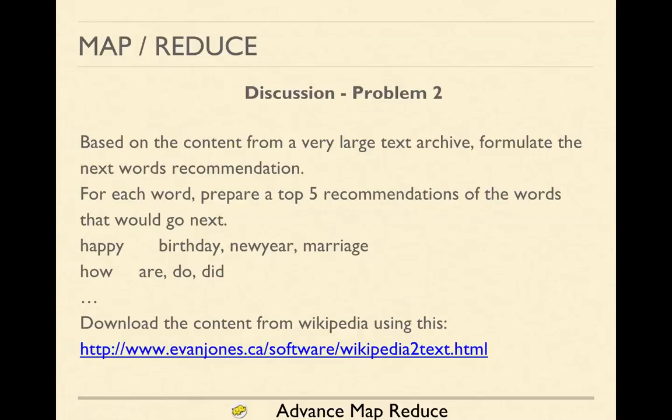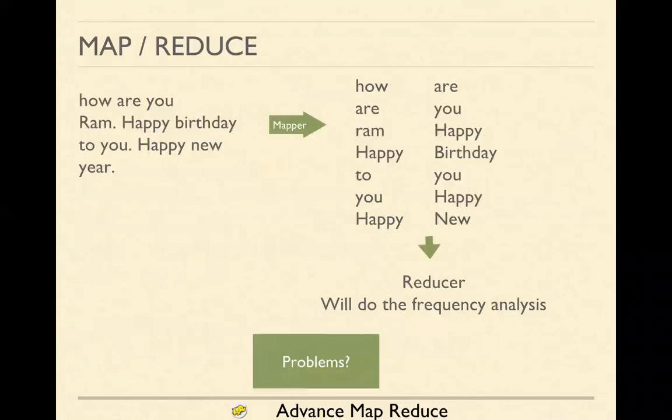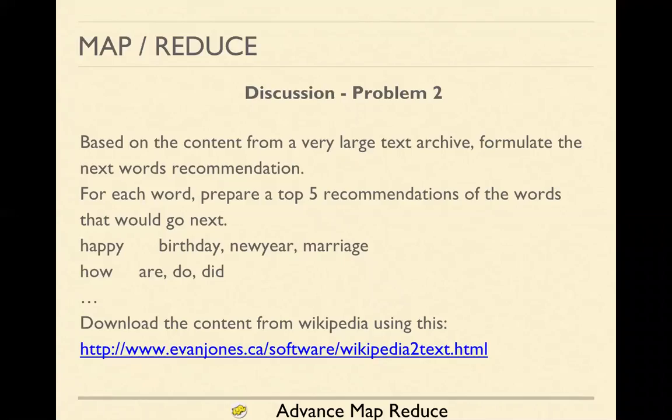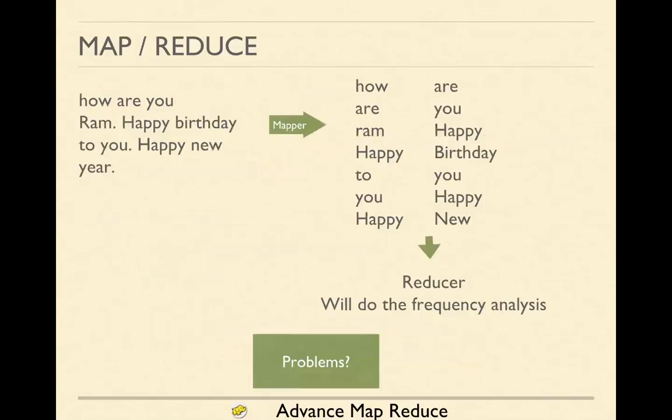Therefore, if you take a look at Wikipedia's content, you can download the data from there and try using MapReduce to generate top 3 word recommendations. Okay. So although we will attack this problem again using Spark, for now, let's just try to imagine how we will solve this problem using MapReduce.